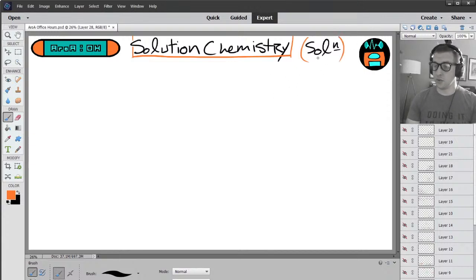I'm going to write solution like this. If you're wondering why, it's because of the way my calculus teacher wrote solution. He would just do that, and I got used to doing it in his class when I took it 15 years ago. Still stuck with me. So when I write that, that's my shorthand for solution.